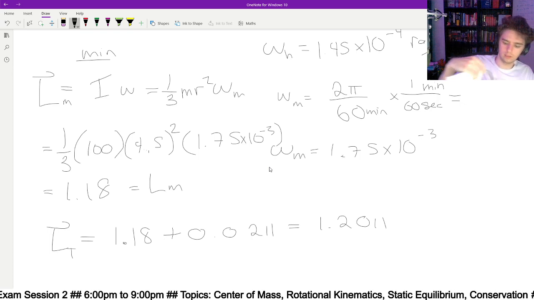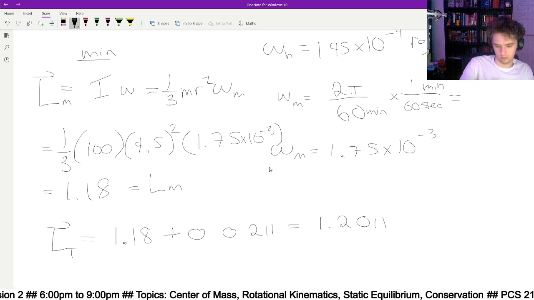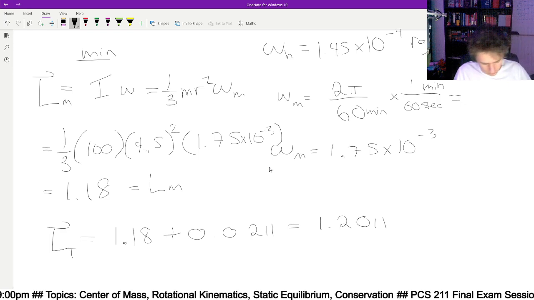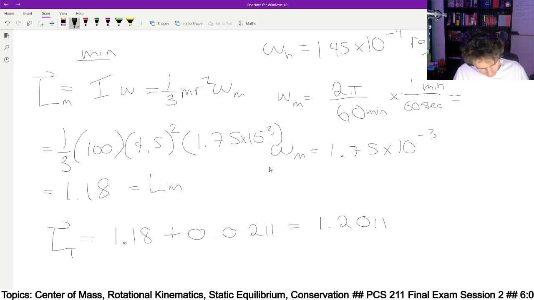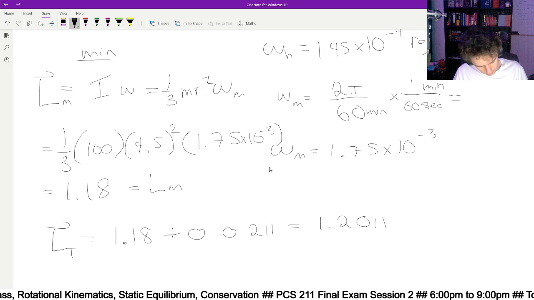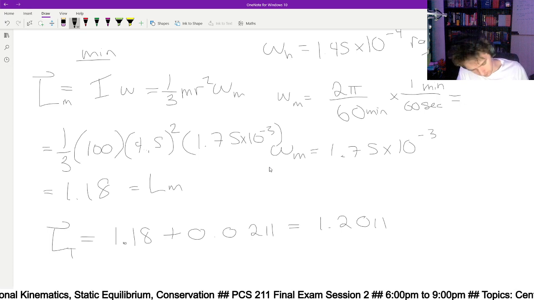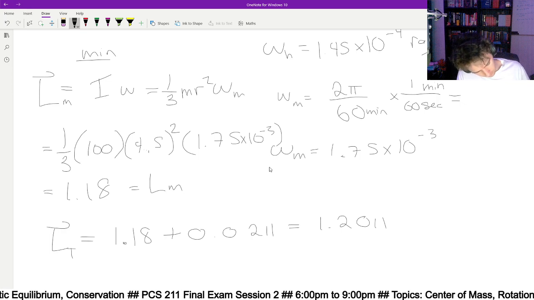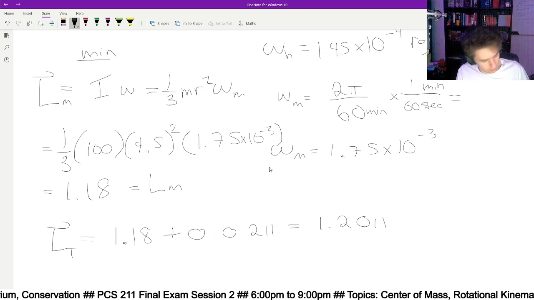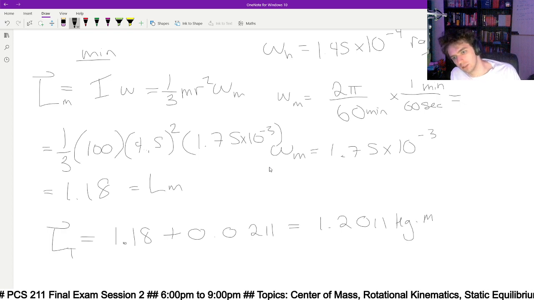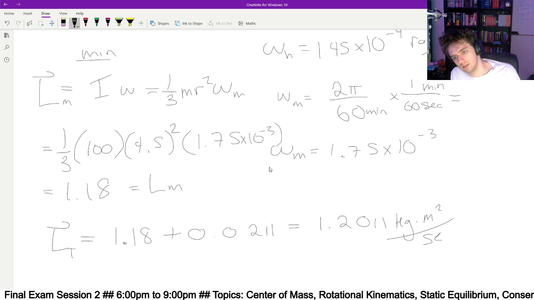Angular momentum is this one. No, that's not angular momentum. That's angular momentum. And kilograms meters squared per second. Kilograms times meters squared per second.